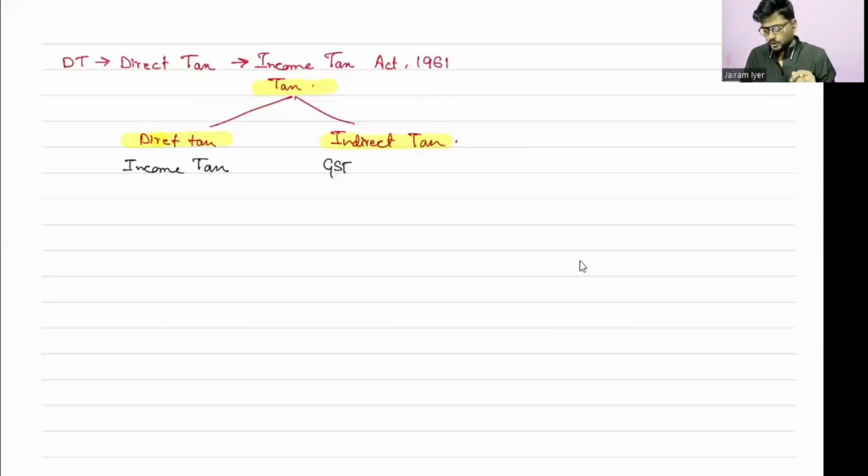So definitely the burden will be on the final consumer. But yes, it is indirect, that's why we call it indirect taxation. We call it indirect tax because here the burden is not directly on me.